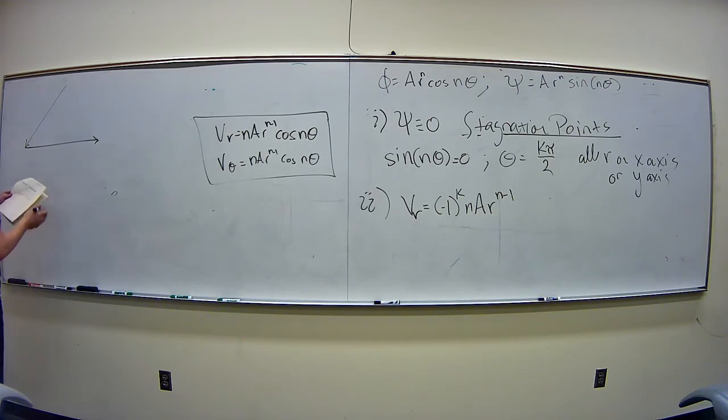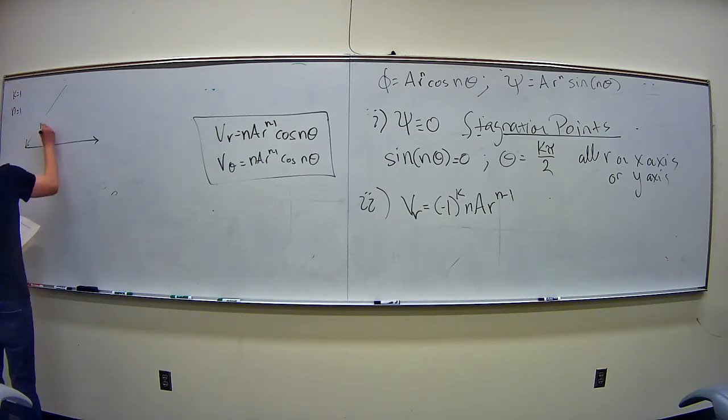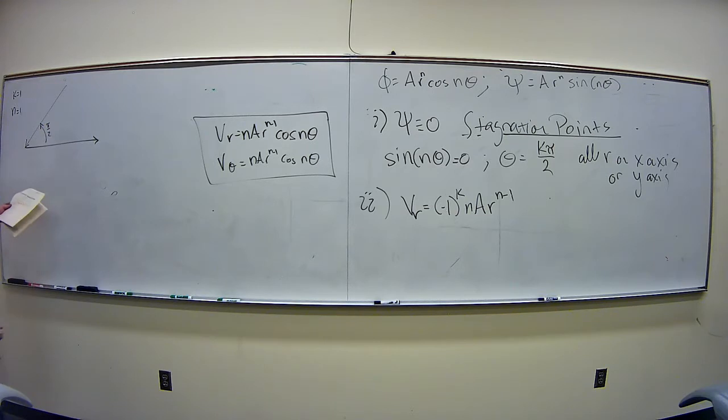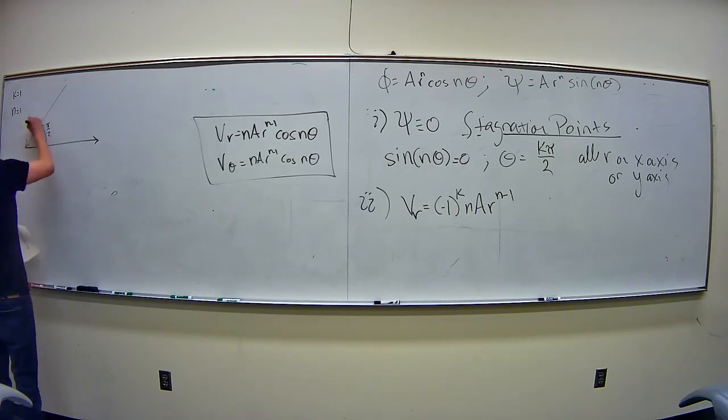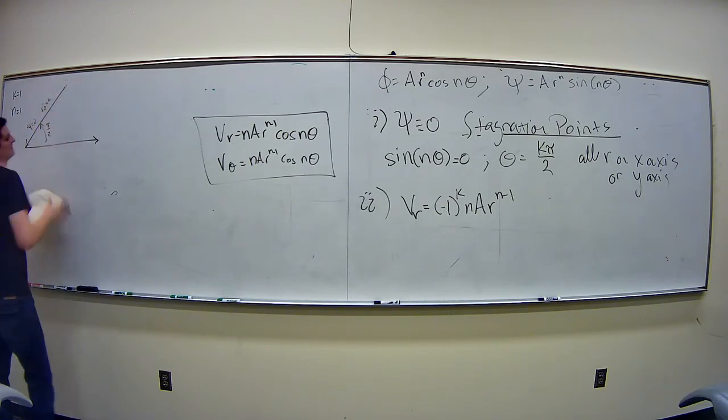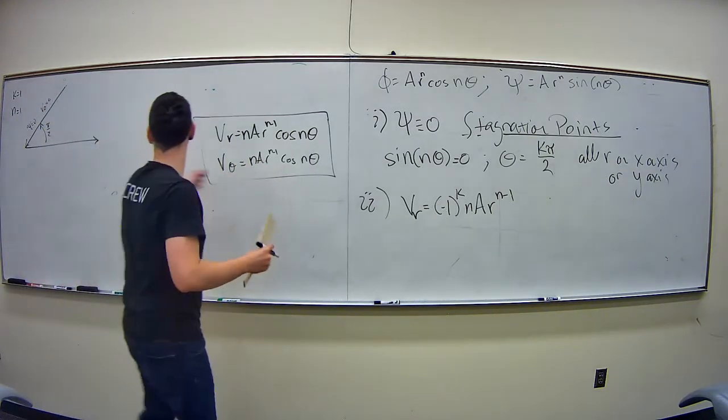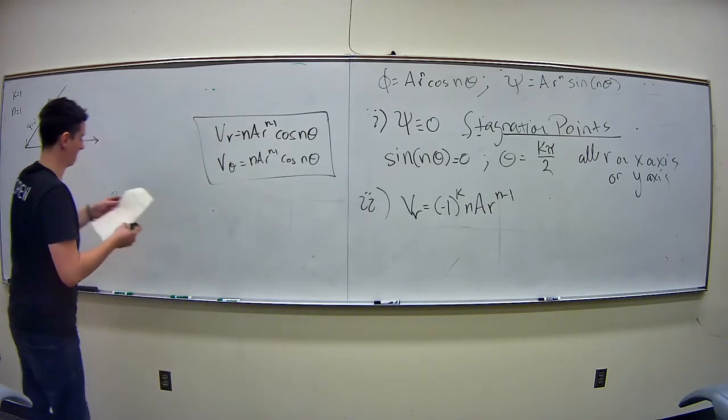If this is k equal 1, n equal 1, that means this angle is pi over 2. Here's the stagnation, and I have this must be equal to 0 on here.